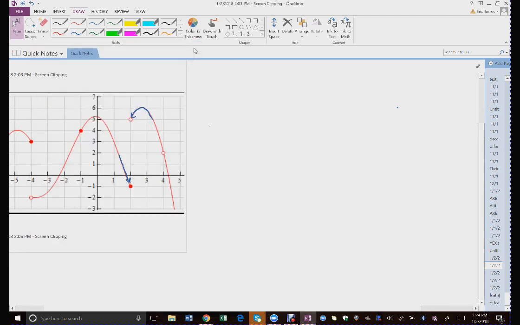I can say, the limit as x approaches 2 from the left side. That's what that negative means. It's not an exponent. Notice there's no number after the negative. It's just a negative symbol, and it means the left side, of f of x.